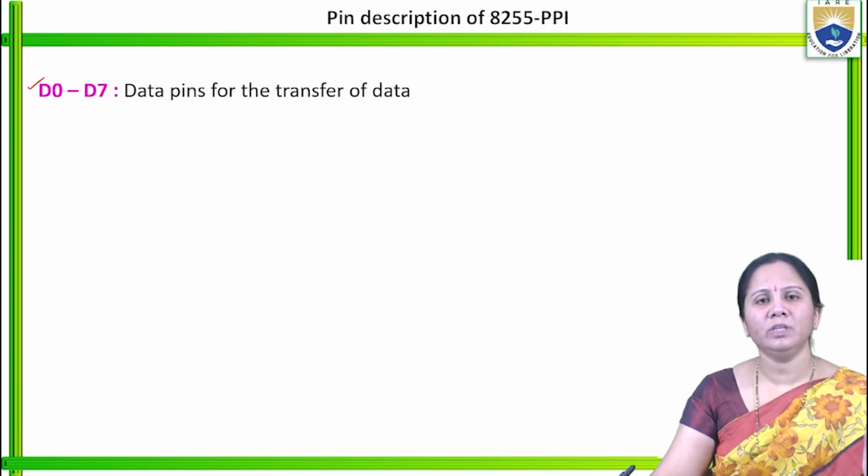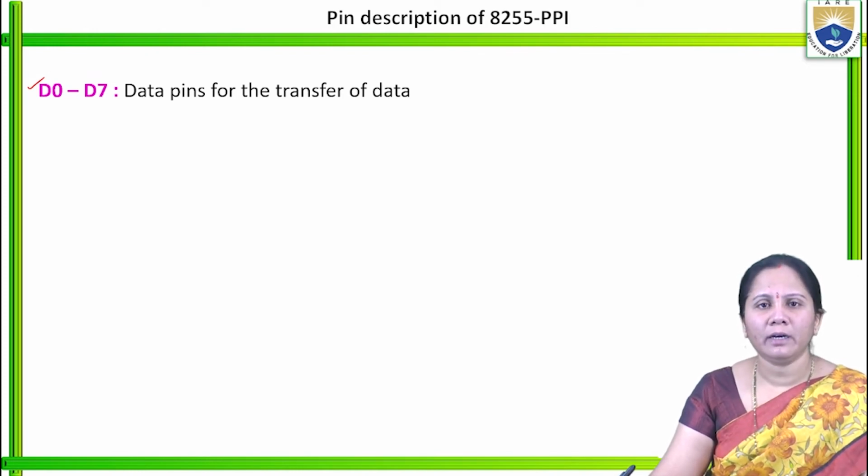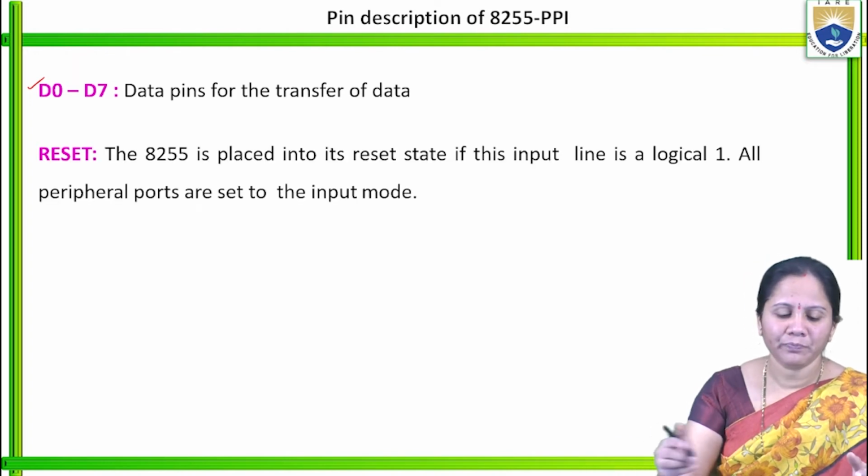These D0 to D7 are the 8 bidirectional data lines connected between this 8255 and the 8086 microprocessor. Using these 8-bit data lines only, the information will be transferred from 8255 to 8086 and from 8086 to 8255.